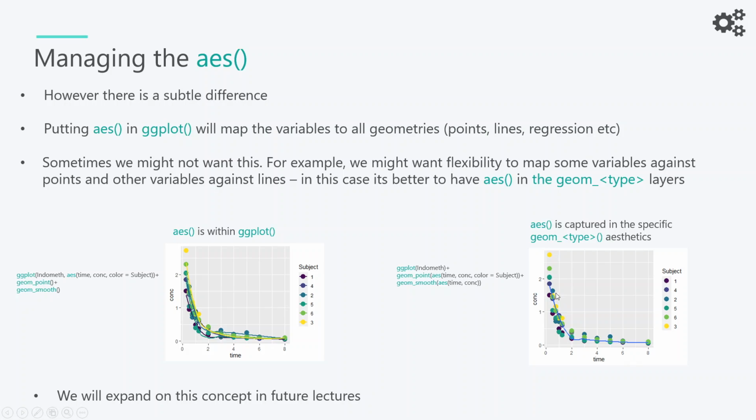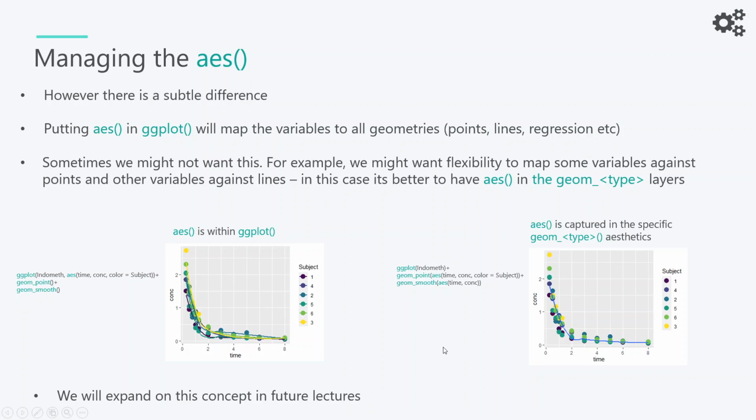But if I'm only interested, for example, in drawing an overall line between all of the data, disregarding the subjects, I therefore do not want my subject variable in my smooth geometry. So the best way to get around that is sometimes to bring your aesthetic function call, where you define the variables for a particular geometry, into the geometry call rather than having it up front.